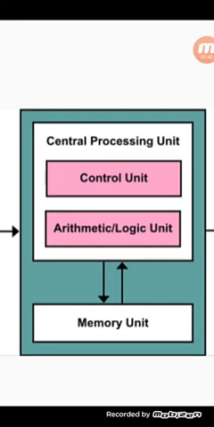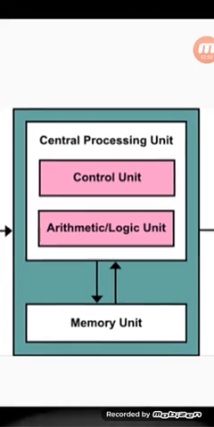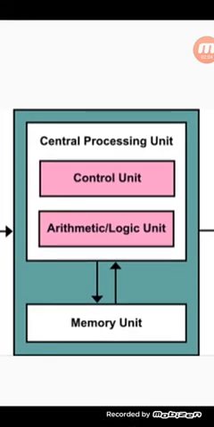The logic unit is used to compare, like 2 is greater than 1, or 45 is greater than 40. This kind of problem gets solved in the logic unit. Now we have to study chapter 2, computer memory, which is based on the memory unit, the third unit inside the CPU.